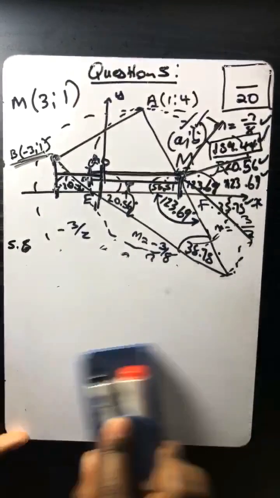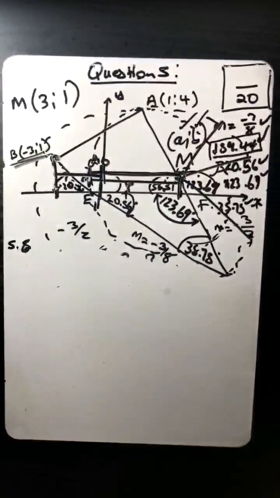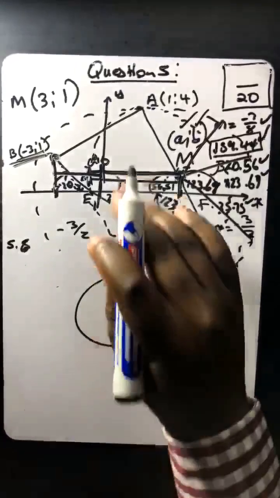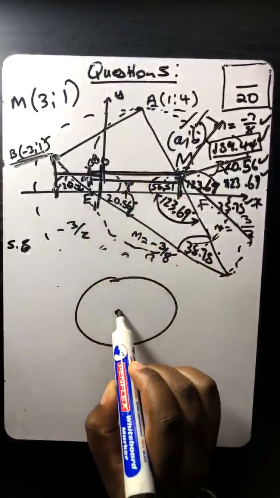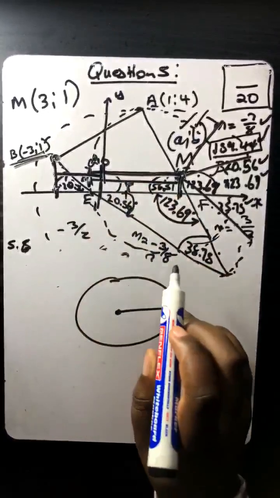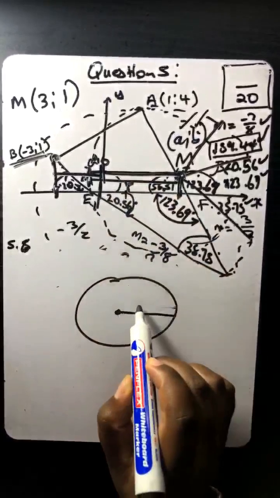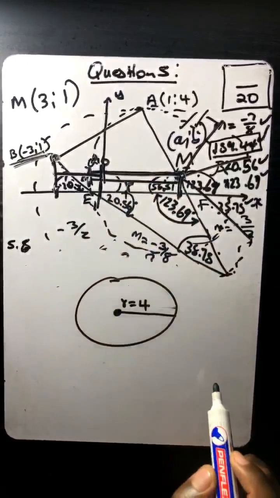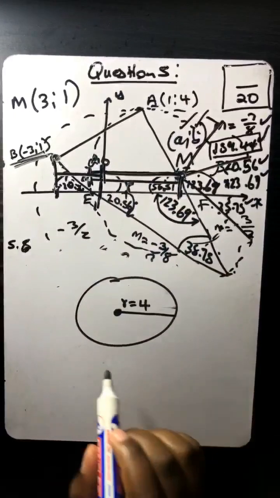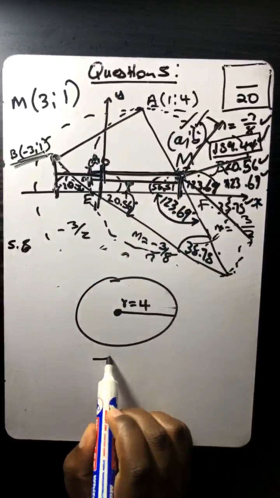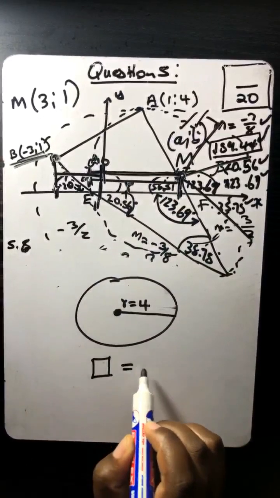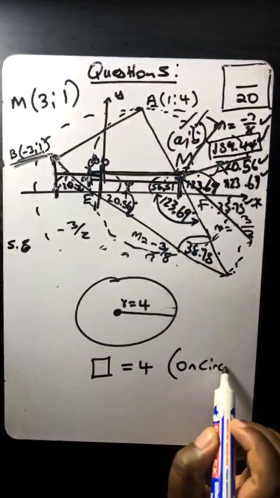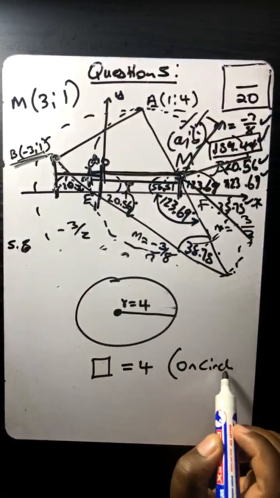Okay, yeah, no. I think that will summarize it. So let's say we have a circle and we know what the radius is, let's say r is 4. So if we get a value equal to 4, then it means it lies on the circle.